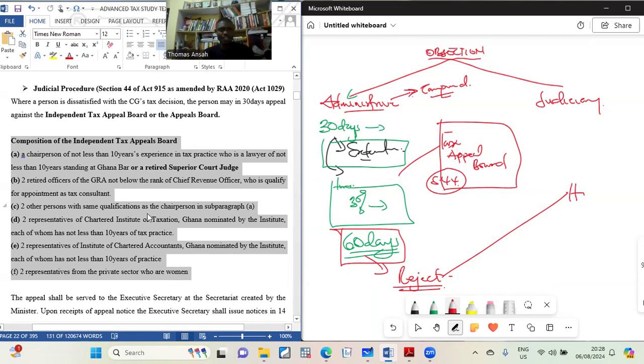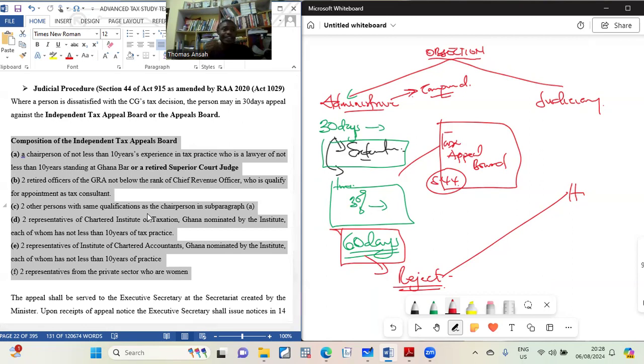Then we have 2 representatives of the Chartered Institute of Taxation, another 2 representatives of ICAG, and since it should not be less than 10 years, they use the fellow members, those who have been members for more than 10 years. So they provide these people to the board.